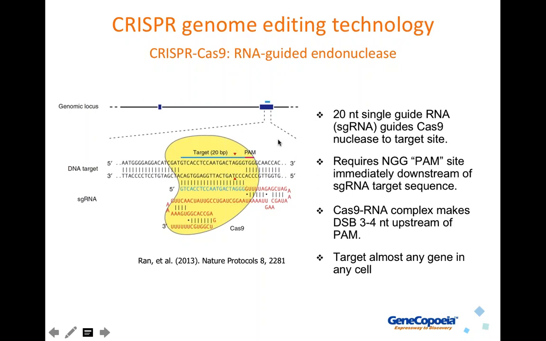Now, as I mentioned before, these breaks will be repaired by either non-homologous end joining or homology-directed repair, and it works very efficiently. And it makes a cut just upstream of the PAM, between bases 3 and 4.